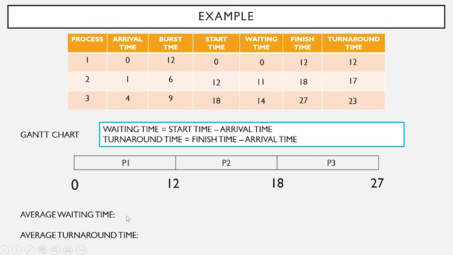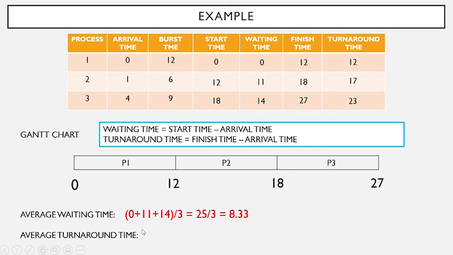Next is the average waiting time. To get this, we already have the values in the waiting time. What we will do is add these values and divide by 3, because there are three processes. So 0 plus 11 plus 14 divided by 3 equals 25 divided by 3, which equals 8.33. For the turnaround time, we also already have the values above, which are 12, 17, and 23.